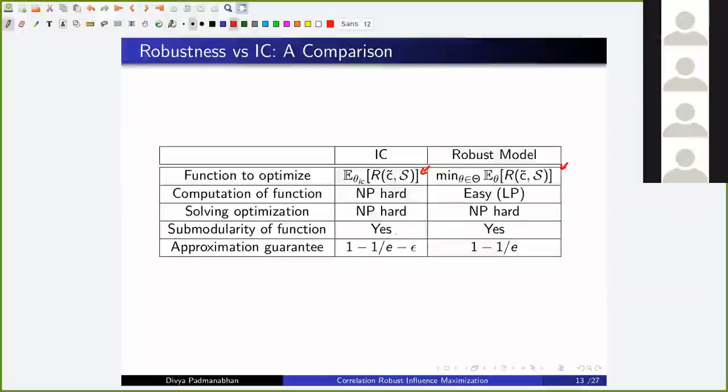Submodularity is retained for both, and for the robust model, we have this 1 minus 1 by e guarantee. In the independent cascade, there is an additional minus epsilon factor, because when you evaluate every seed set, you're trying to compute this function, which cannot be computed efficiently. So you have to do some kind of sampling, and because of that, this factor of minus epsilon comes in.